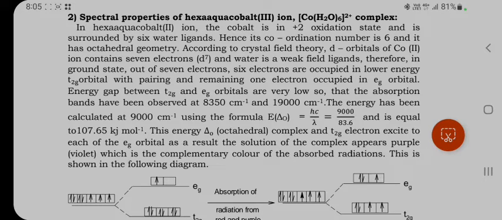The energy gap between the t2g and eg orbitals is very low, so the absorption bands have been observed at 8,350 per centimeter and 19,000 per centimeter.